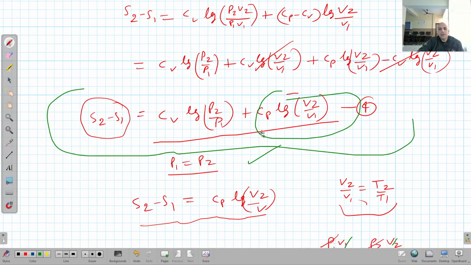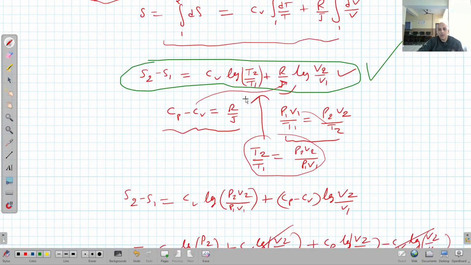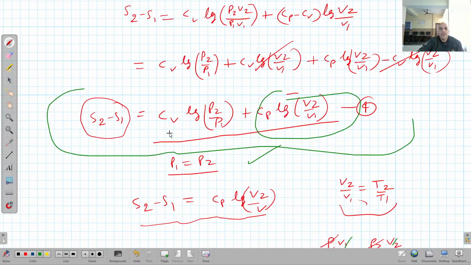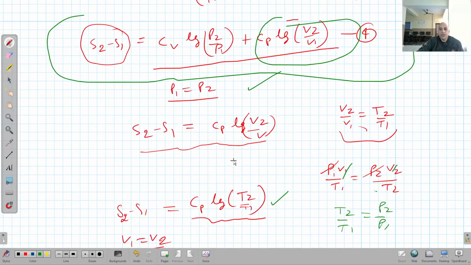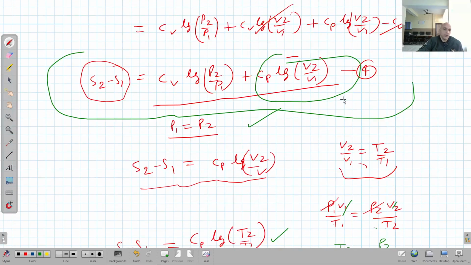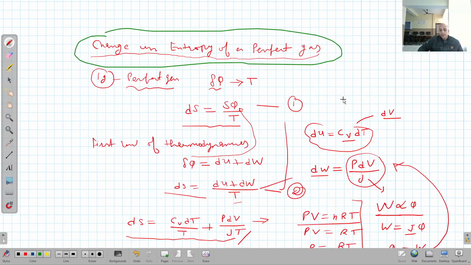We modified this equation by replacing T2 upon T1 with this and R upon J with this. So when we modified this equation, we got this one, when we applied different conditions on equation number 4.